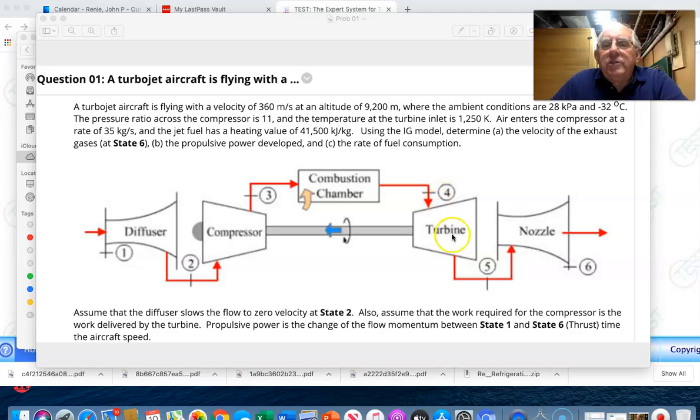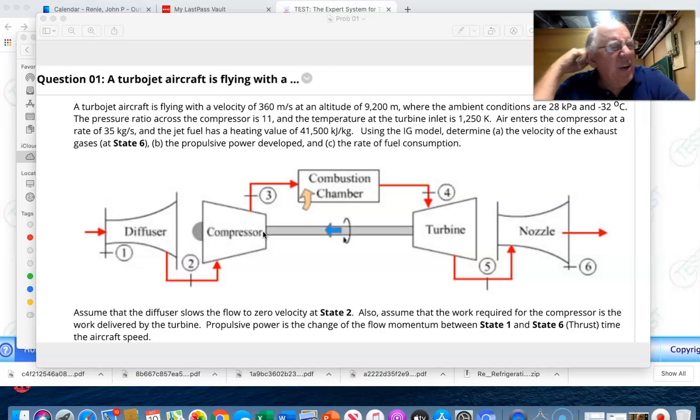State 4 then expands through the turbine to state 5. In this particular case, we know that the turbine is isentropic in nature, and the other thing that we know in this problem is that the work generated by the turbine is the work that was required by the compressor.